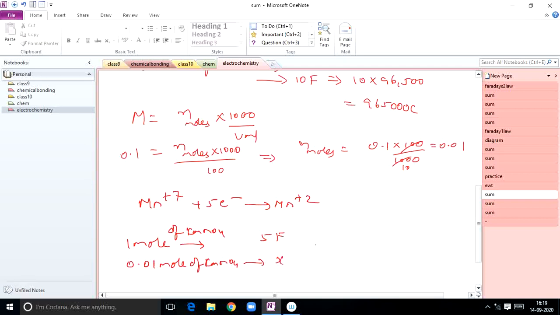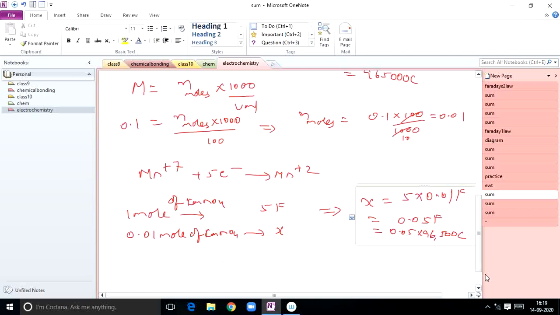X. For 1 mole 5 Faraday, for 0.01 how much? So X is equal to 5 into 0.01, that is equal to 0.05 Faraday. So 0.05 Faraday means 0.05 into 96,500 coulombs you take. Multiply that, you will get the answer, right?